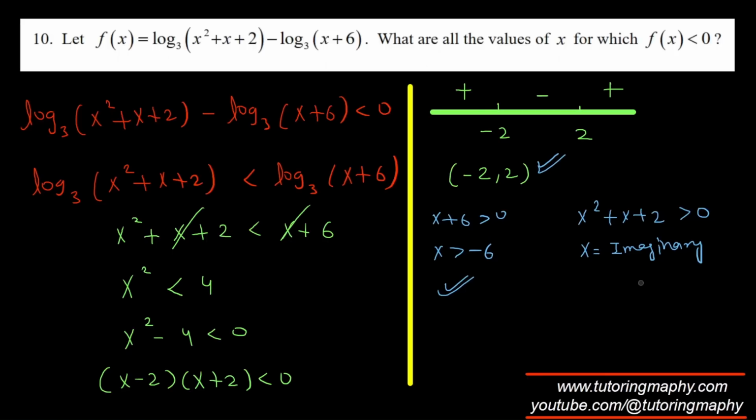Imaginary roots means that this quadratic, which is opening towards the plus y-axis, is not intersecting the x-axis anywhere, which means that this graph will look probably something like this, opening upwards because a is positive, and with imaginary roots, it is always positive, right? Positive means it should be above the x-axis. The y should be positive, and y is positive here. And yes, it is always positive. So this log is always happy. So actually, this is indeed our final answer where both the logs are happy.